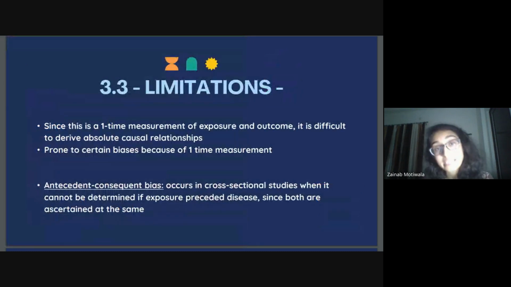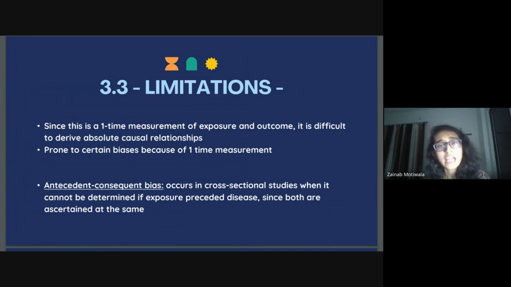Now, coming to the limitations of cross-sectional study design, there are a number of limitations. One of them is that the measurement of both exposure and outcome occurs at the same time, so it is very difficult to derive an absolute causal relationship. This kind of study design is also prone to a lot of biases.